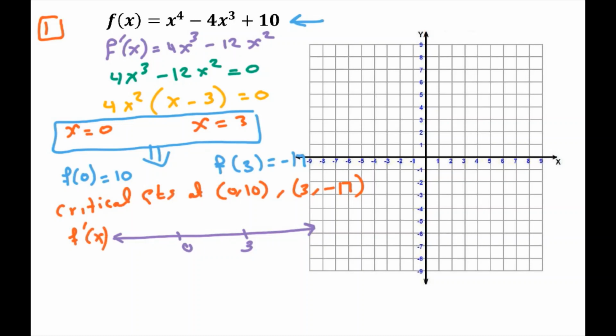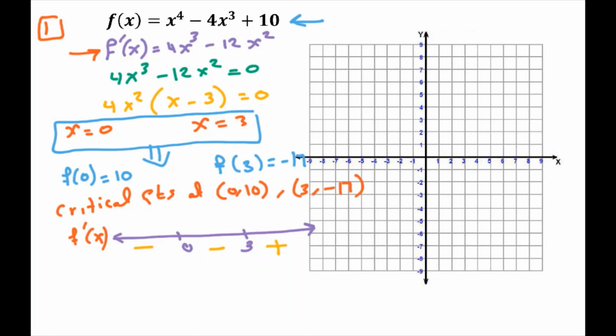So by substituting any point here, you can try -2, substitute it in f prime, you're going to get negative. Between 0 and 3, you can take 1. f prime of 1 will be negative again. And anything to the right of 3, you can take 5, 6, 10, 100. f prime of that number will be positive.